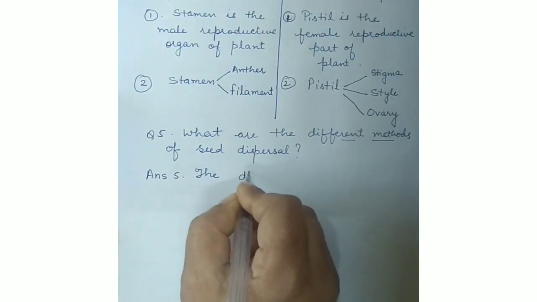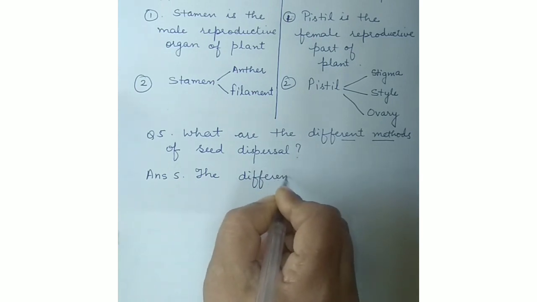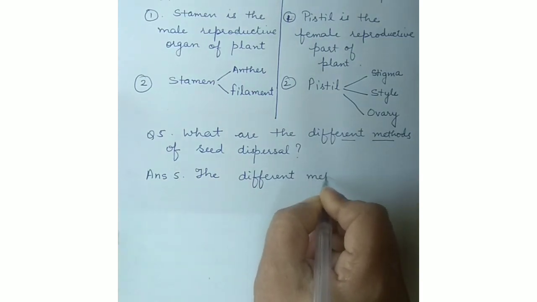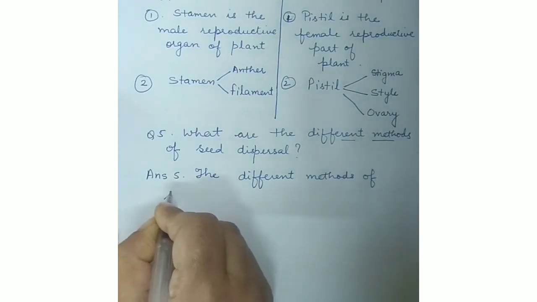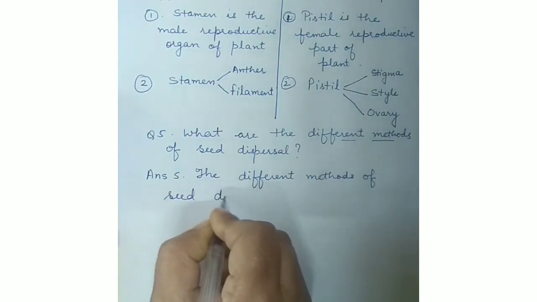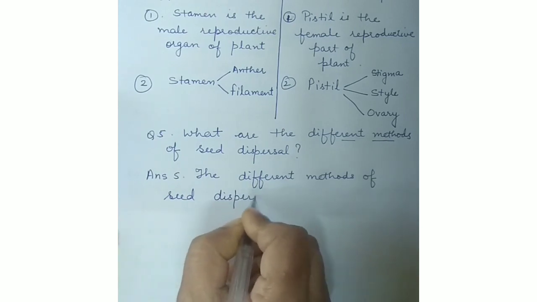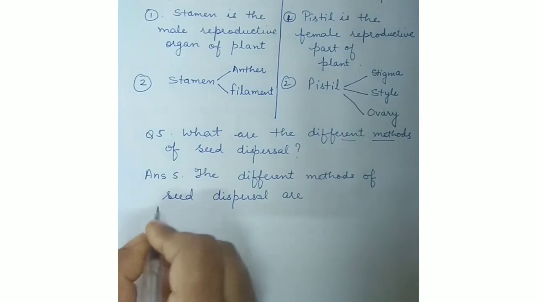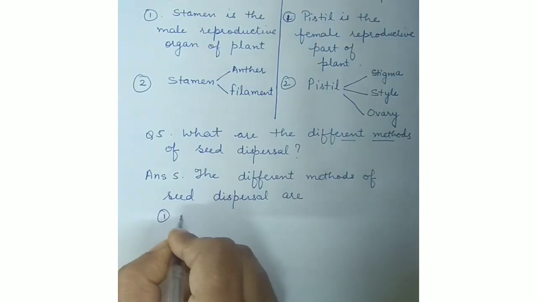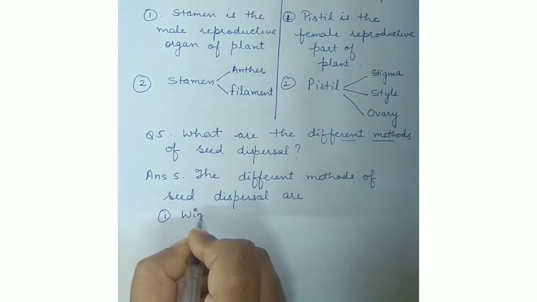The different methods of seed dispersal are: number one, wind is the major cause.